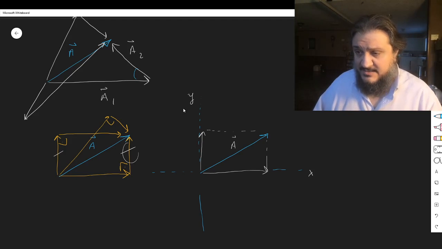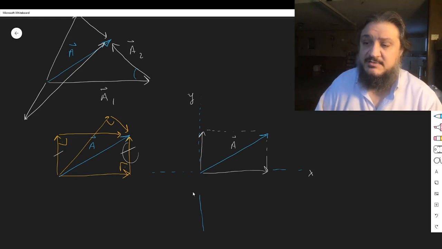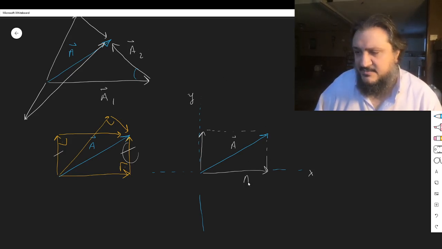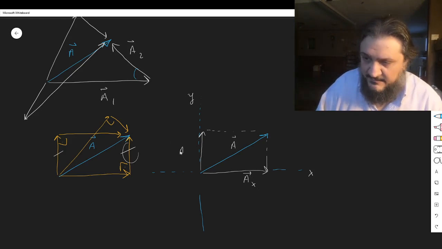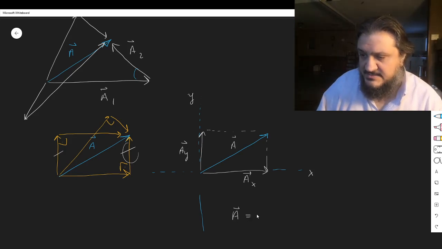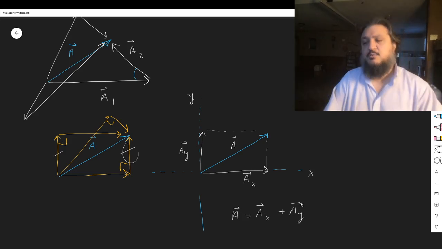But if I write it like this, these two are called the component vectors. And instead of calling them A1 and A2, I'm going to call them AX and AY. So this is the vector AX, and this is the vector AY. So A is written as AX plus AY.